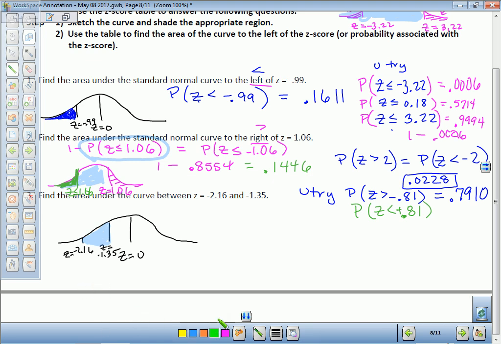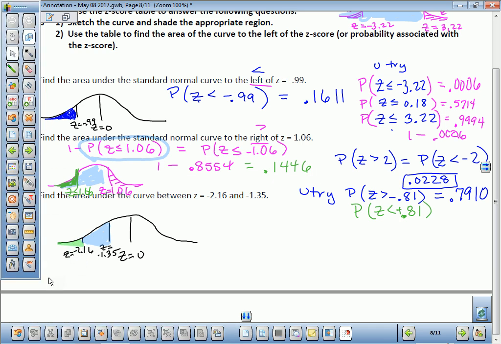Okay? But when we look it up on the chart, this negative 1.35 gives us this and this. It's all that, right? And then when we look up the negative 2.16, it's just the green part. So when we look this up, it's the blue and the green. And then we look this one up, it's just the green. Well, if we want the area in between, we don't want the green.